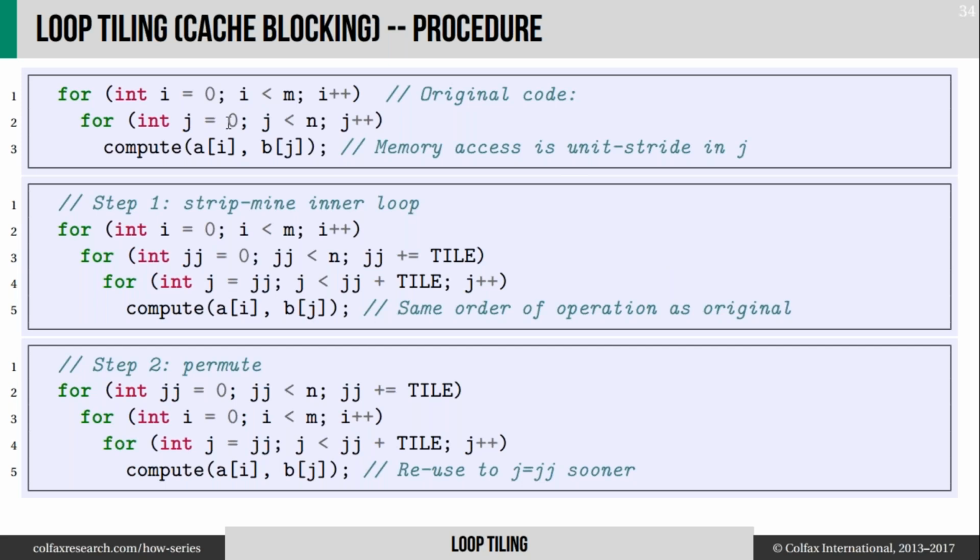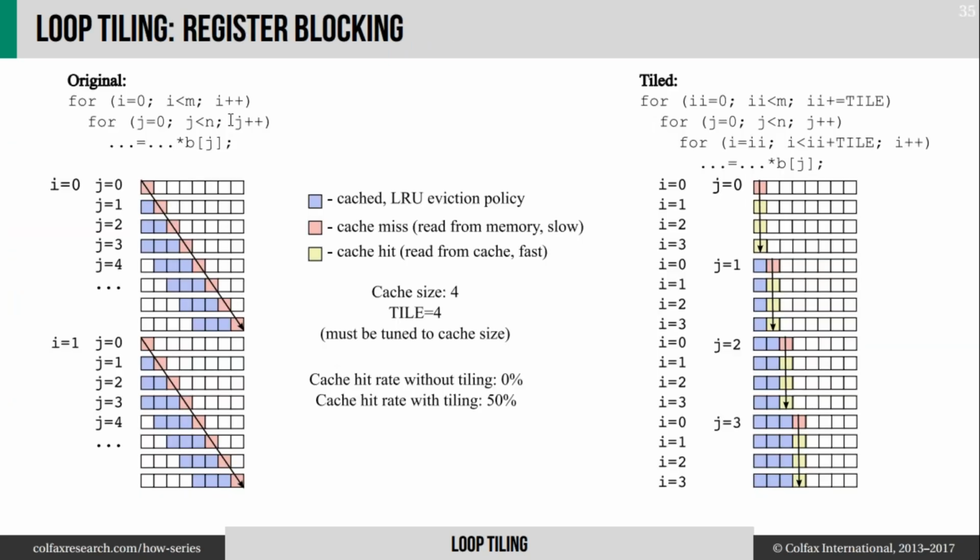If I approach this problem slightly differently, I can derive another flavor of loop tiling, which is register blocking. Same problem, solved differently. I permute the outer loop, and then I strip mine the outer loop, and then I permute the inner loops.